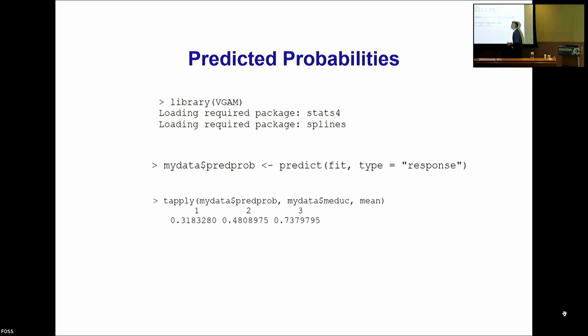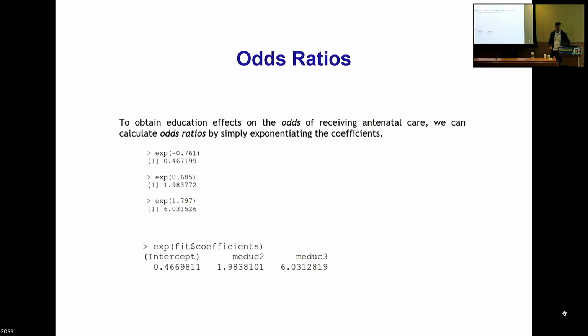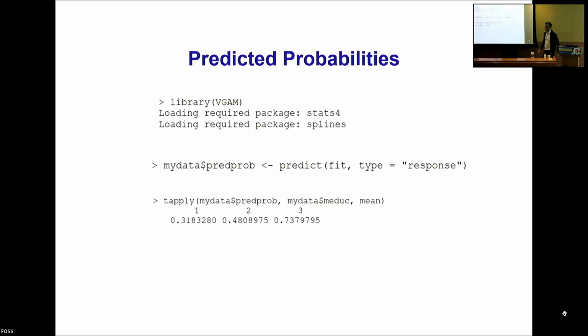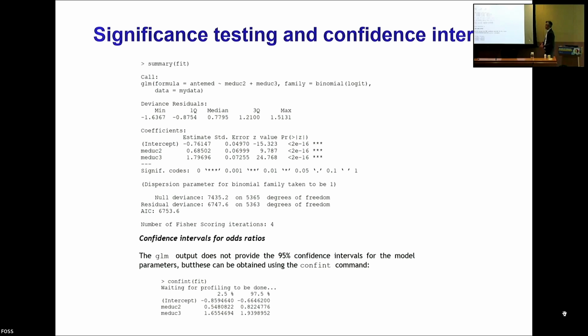You tell R you want to get the predicted probabilities from your fit model, and it will translate those logits, these logits over here, into probabilities. So 32% of mothers with no education have antenatal medical care, and 74% of mothers with secondary or higher level education have antenatal medical care.